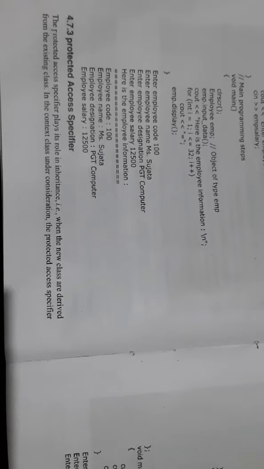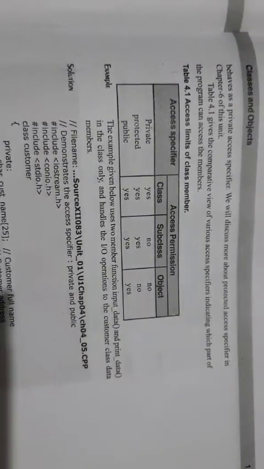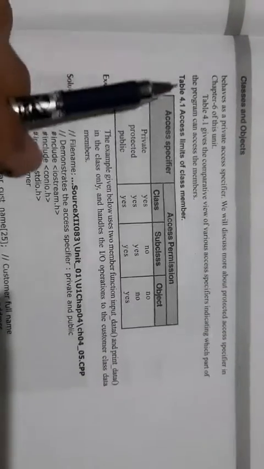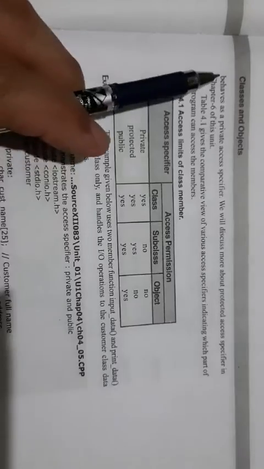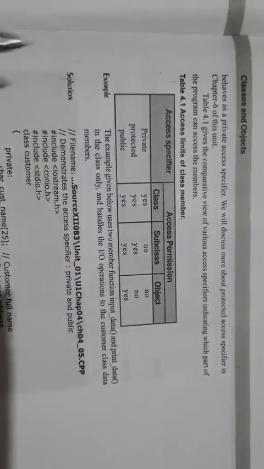In the context of the class under consideration, the protected access specifier behaves as a private specifier. We will discuss more about the protected access specifier in the inheritance chapter.